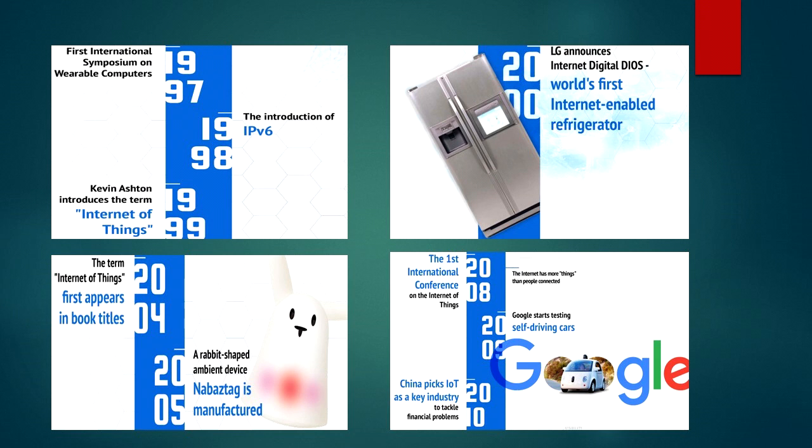The first international symposium on wearable computers was in 1997. In 1998, IPv6 was introduced. In 1999, Kevin Ashton introduced the term Internet of Things. In 2004, the term Internet of Things first appeared in book titles.